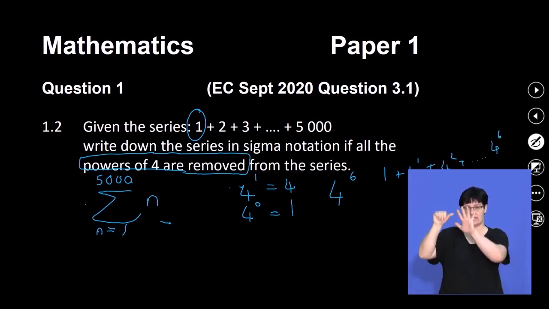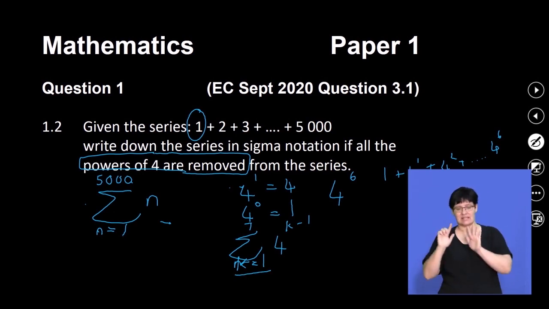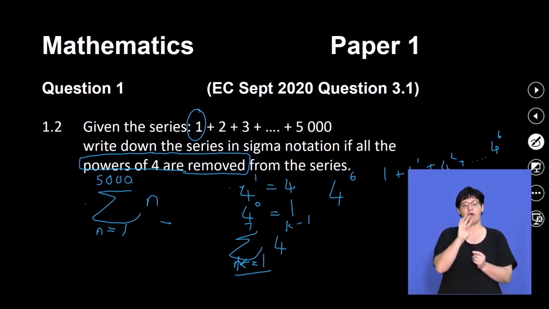We can write that as the sum as, let's use a different variable here, as k goes from 1 up to 7, of 4 to the power of (k minus 1). I wanted to use a natural number there, so I started at 1 and went up to 7, and we can see that each time we substitute into k, we're going to get 4 to the power of 0, then 4 to the power of 1, and so on.